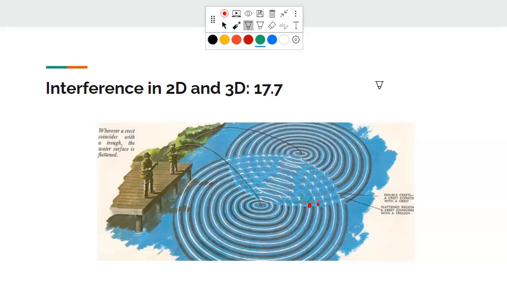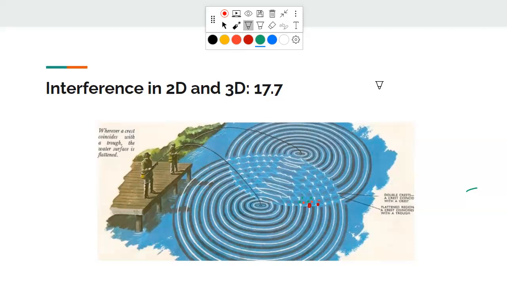So in those situations where we have a peak and a trough, the waves cancel out and we get zero amplitude. So we can have all types of interference because this is two-dimensional now. So in 1D, we find the phase difference and we say, okay, well, the two waves have this phase difference.